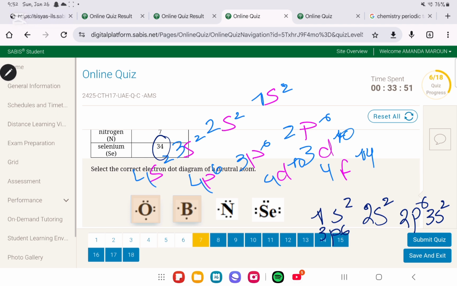And then after 3p6, we have 3d10. So minus 10, you have 6. Then 4s2 minus 2, you have 4. And finally, you're going to put it 4p, but to the power of 4. So that means it has 4 valence electrons.